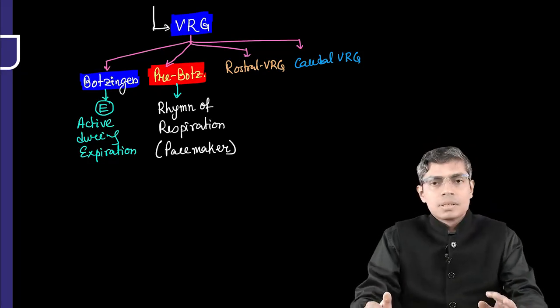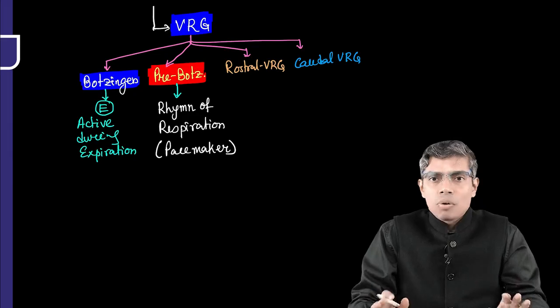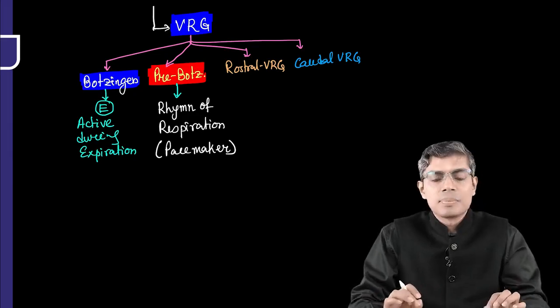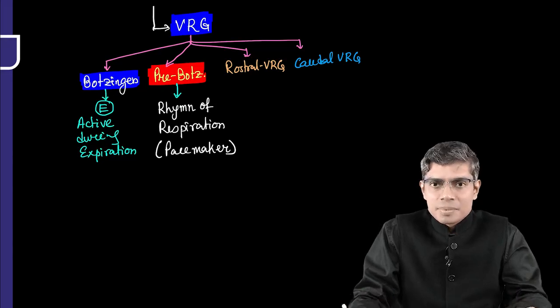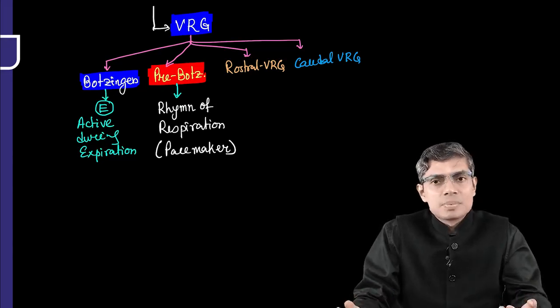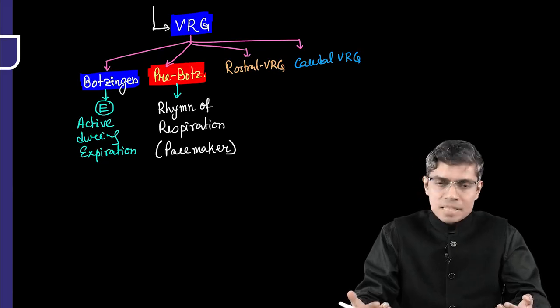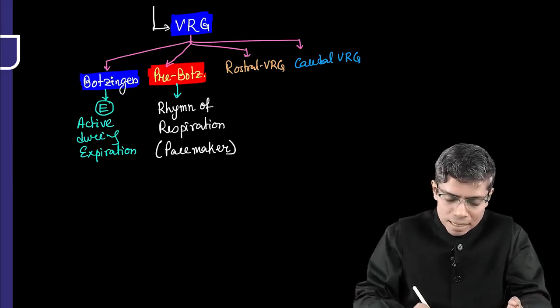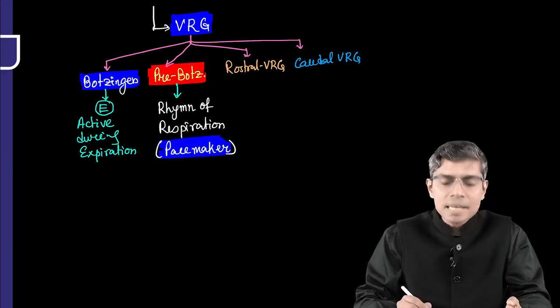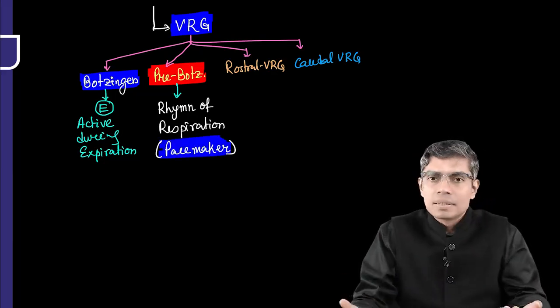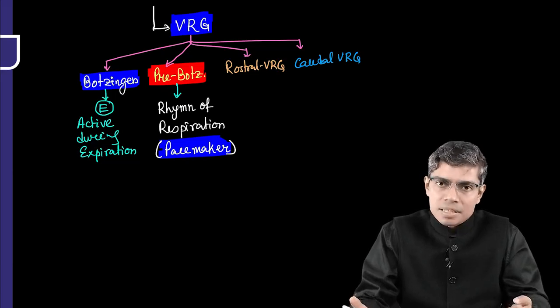Please note down. I have seen 3-4 MCQs already asked from this same topic, where the respiratory rhythm is generated, where the pacemaker of respiration is located. Pacemaker means that this center can produce spontaneous inspiratory and expiratory rhythm, right? That's why it is known as pacemaker.